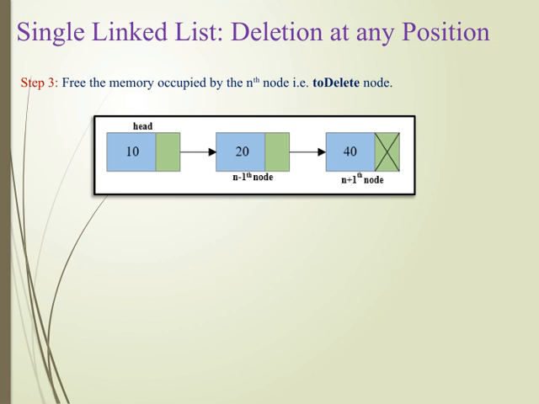Remember, in linked lists, managing memory properly is just as important as updating the pointers. By freeing this memory, we're ensuring that the node is completely removed from the system and that resources are properly managed. This step ties back to the overall theme of dynamic memory management and efficient data structure operations.